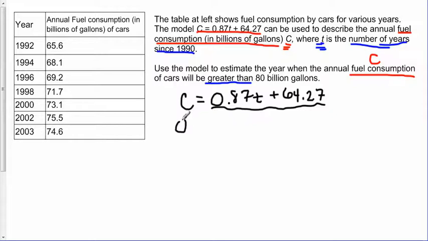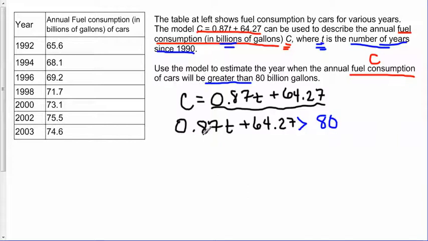So we want to know when 0.87T plus 64.27 is going to be greater than 80 billion gallons. And remember, because this equation gives us the information in billions of gallons, we don't need to write all the zeros at the end. We can just write 80. So here's the inequality that we're going to try to solve.